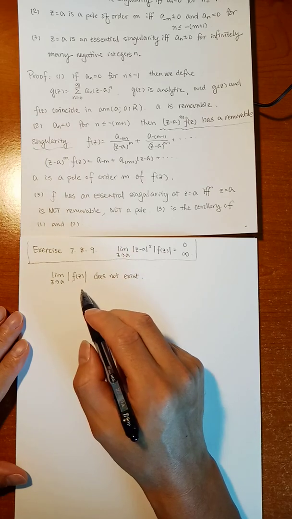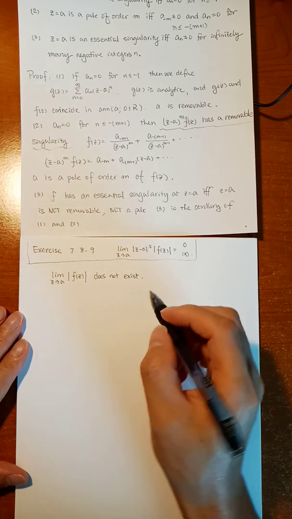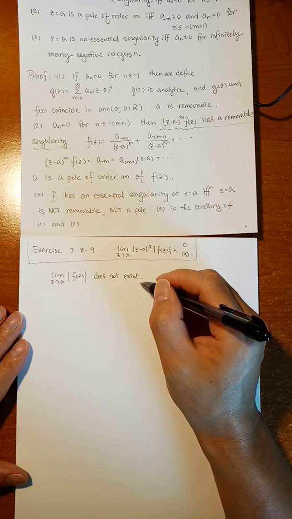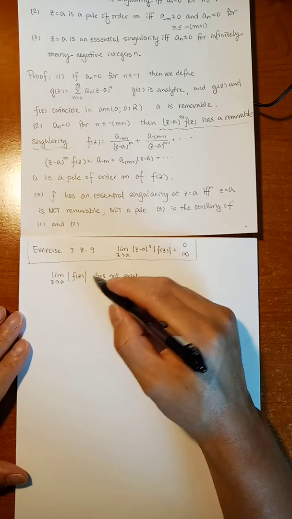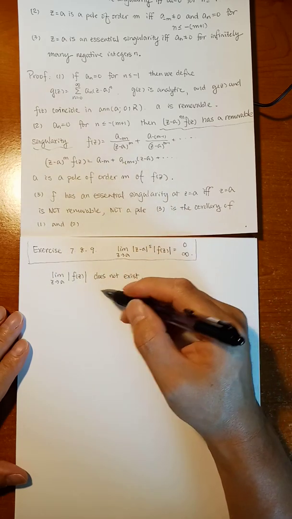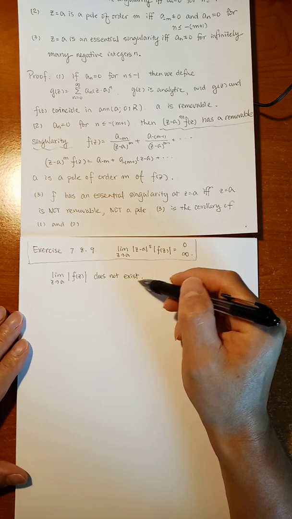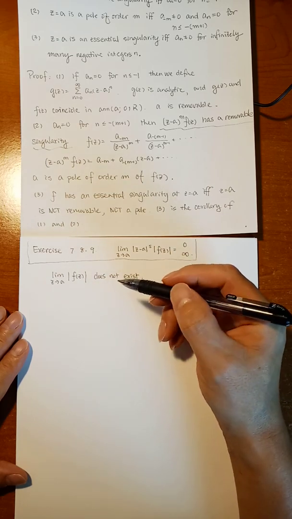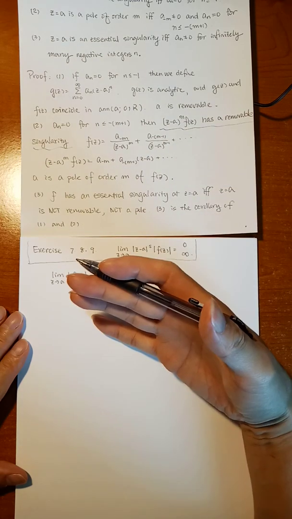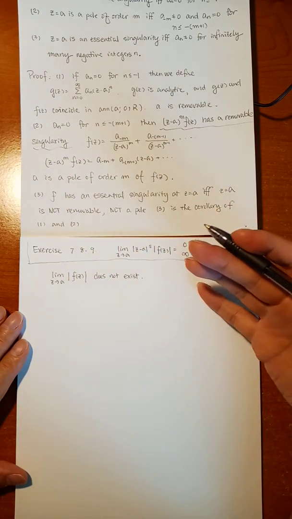Here, does not exist means it's not even approaching infinity. Remember, if the limit exists, it will be removable. If it approaches infinity, it's a pole. Well, the other case means it does not exist. So it can be whatever way. Sometimes here, sometimes there. All right?